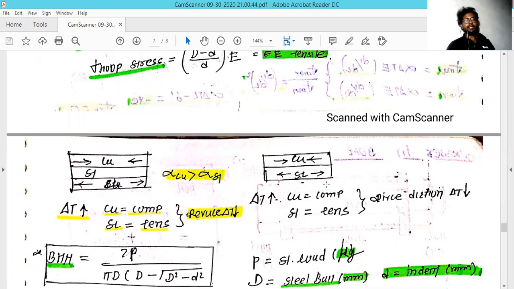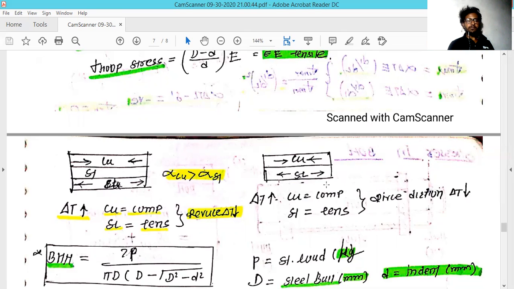Now you have seen that the alpha value of copper is quite higher than that of steel. So the copper tries to expand more than the steel. And you know the basic concept that the material with the higher alpha value will hold the compressive forces.